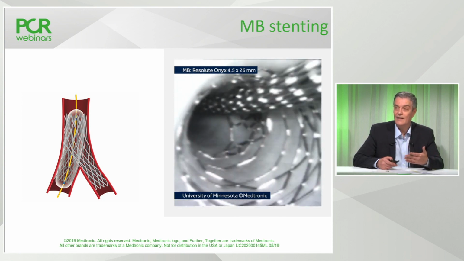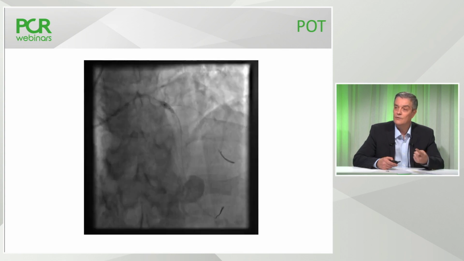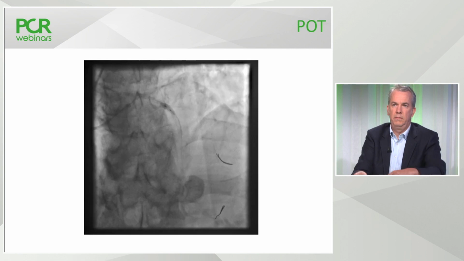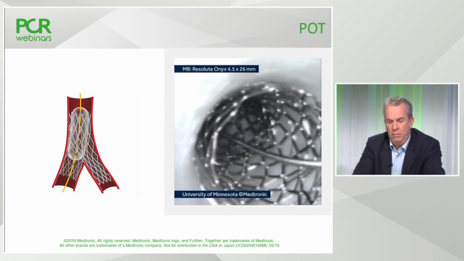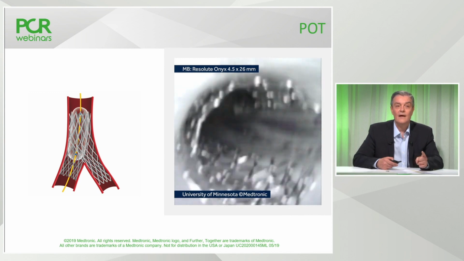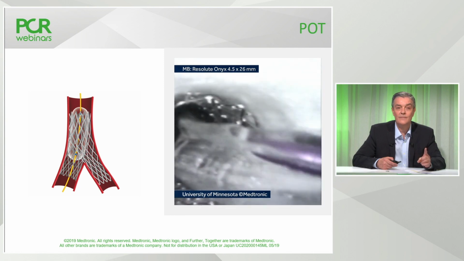So that's why your next step was selection of the POT. You use the same balloon that you used before, so you don't open a new balloon now. Yeah, probably, yes. And what would be the consequence? We can see now POT, and look now, gap and malposition proximally.